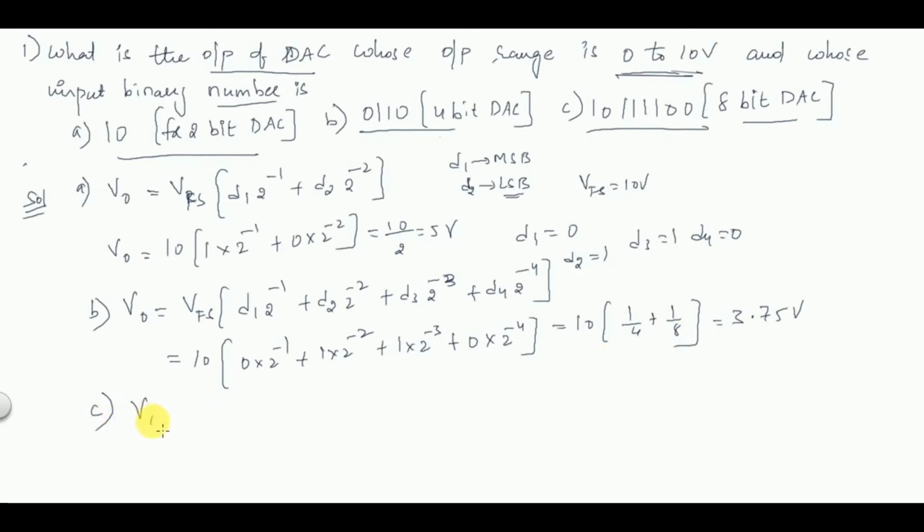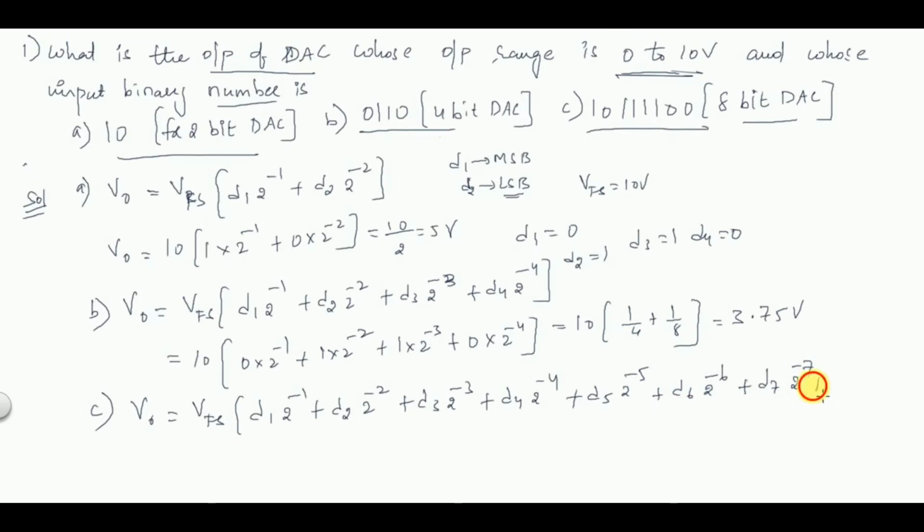So last problem, V0 is equal to, in this case 8-bit, so D1 times 2 to the power of -1 plus D2 times 2 to the power of -2 plus D3 times 2 to the power of -3 plus D4 times 2 to the power of -4 plus D5 times 2 to the power of -5 plus D6 times 2 to the power of -6 plus D7 times 2 to the power of -7 plus D8 times 2 to the power of -8.